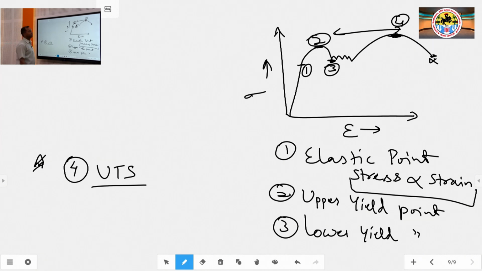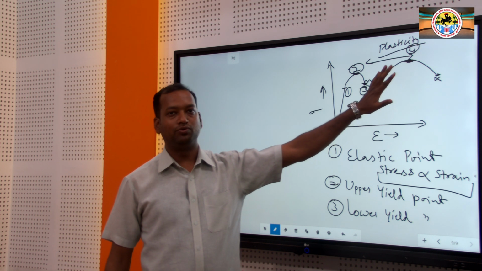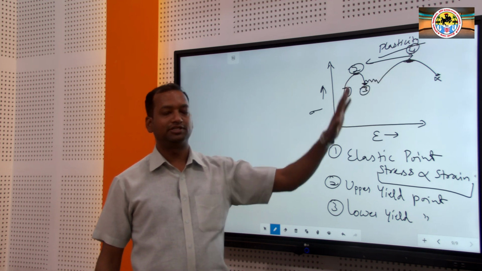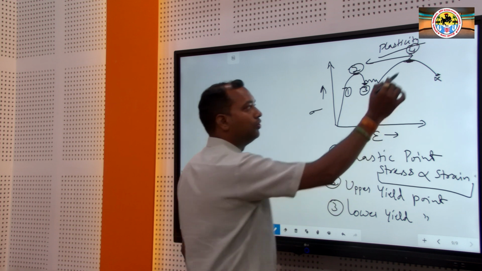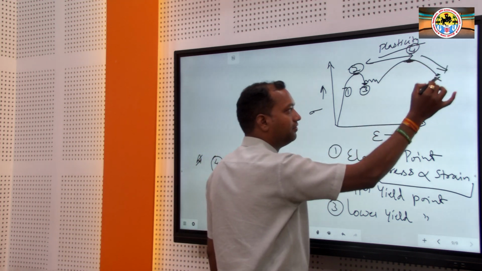This is known as plasticity, and only upon this do we work to get the product. This is the main reason. After crossing point number 4, which is the maximum tensile stress the material can sustain, the material will not be able to regain its position, and although the stress level will go down, it will continuously go toward fracture.